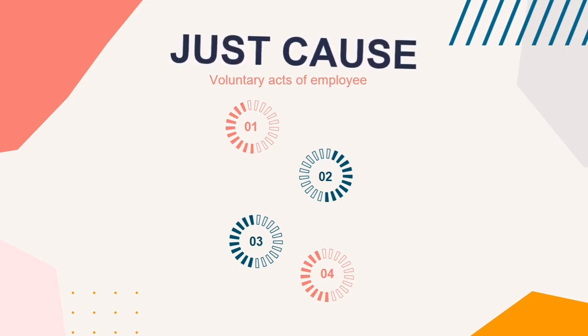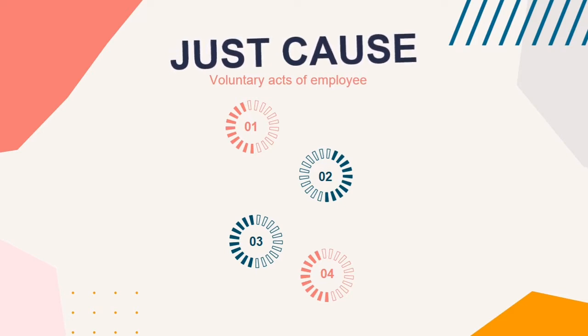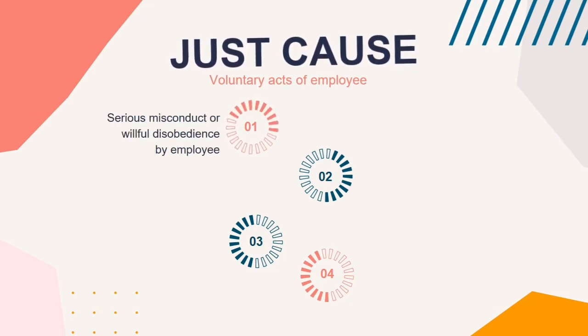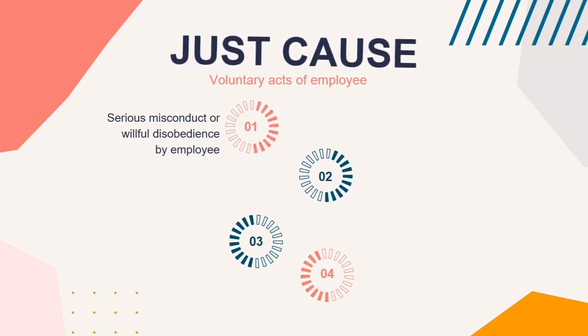Just causes refer to some serious misconduct that is committed by the employee while working for the company. Again, class, just causes are voluntary acts of employees. This includes serious misconduct or willful disobedience by the employee of the law or orders of his employer or representatives.